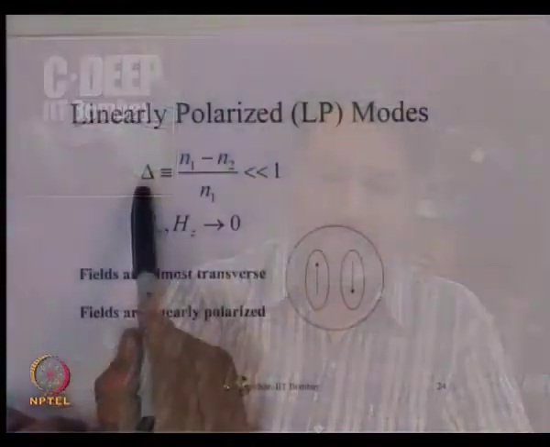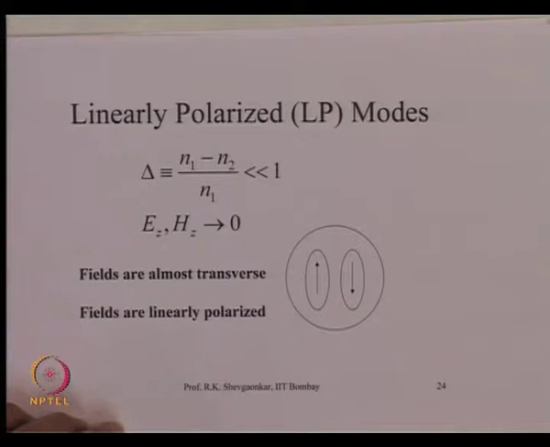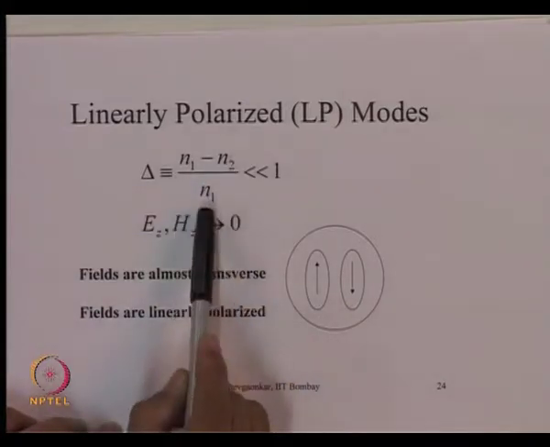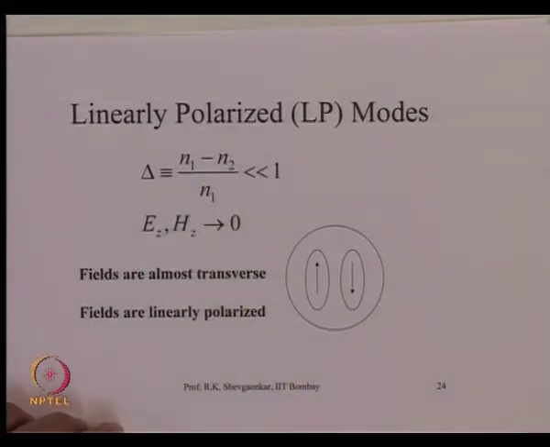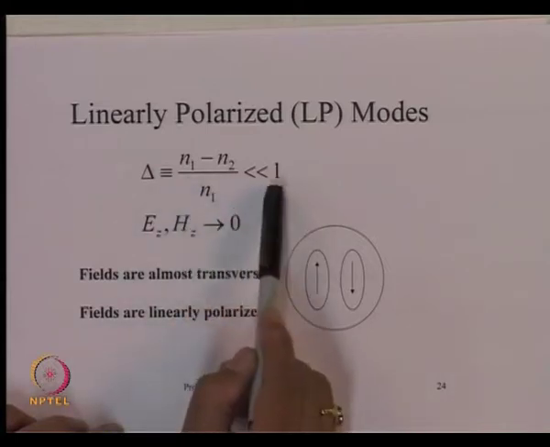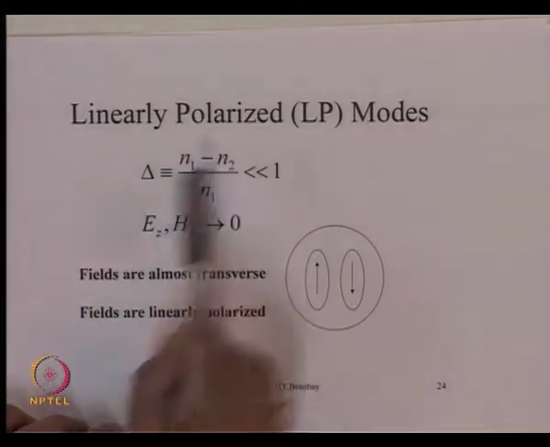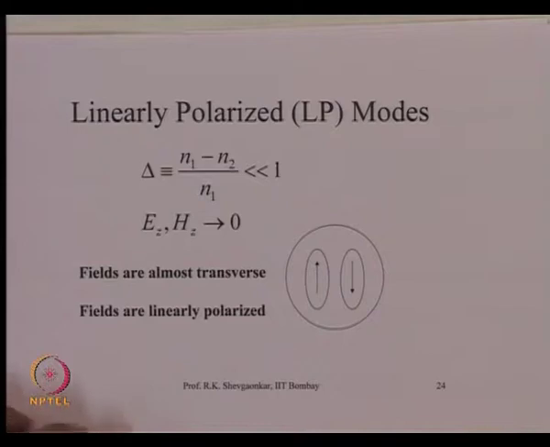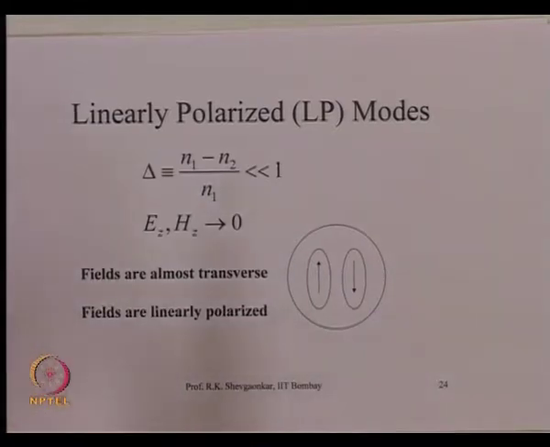So, in practice, we have this quantity called delta, which is defined as N1 minus N2 upon N1. That quantity is much less than 1, because N1 is very close to N2. Imagine a situation where N1 was exactly equal to N2. That means there is nothing like core or cladding now. You have only one medium with one refractive index.